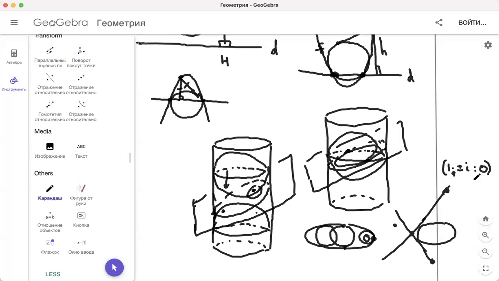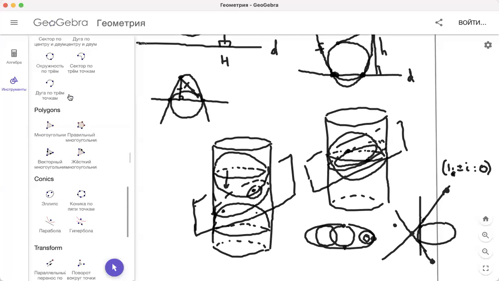Yes, circular points. Yes, and these tangency points are imaginary. And if you draw a line through these imaginary points, you obtain precisely the directrix of a conic.